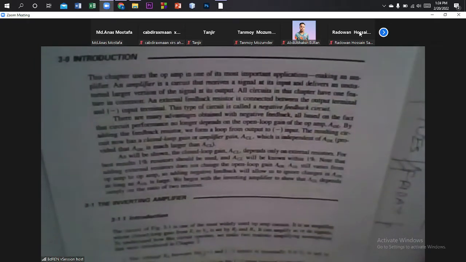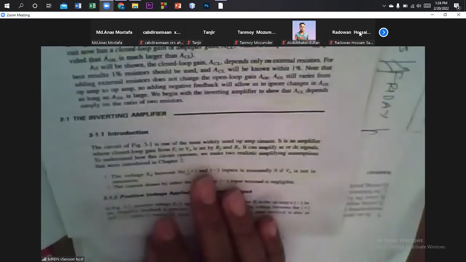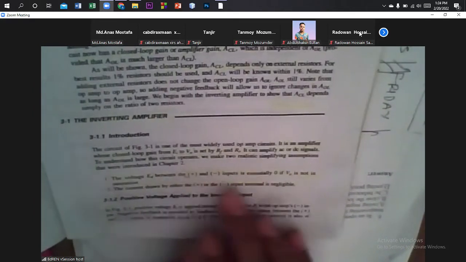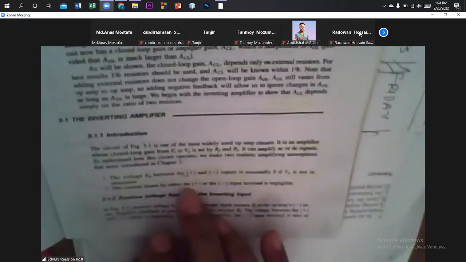From the book, page 45, if you have the page 45. If you give feedback, then two conditions will happen. You see in the book, I shall write it down. You write it down.